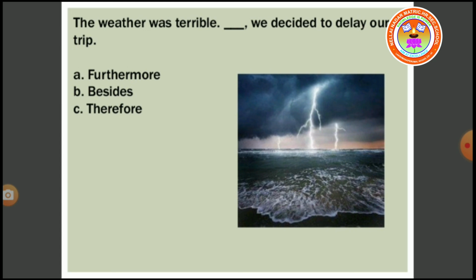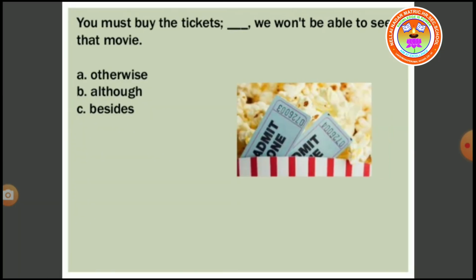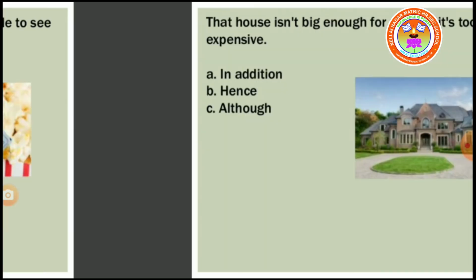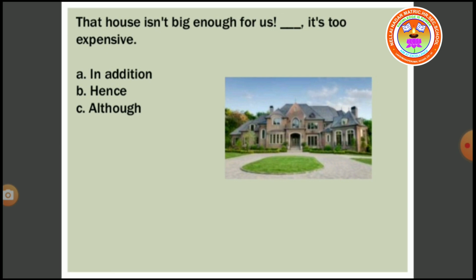The correct answer is therefore. Next, you must buy the tickets, thus we won't be able to see that movie. Very good. The correct answer is otherwise. Next, that house is not big enough for us, thus it's too expensive. Very good. The correct answer is in addition.